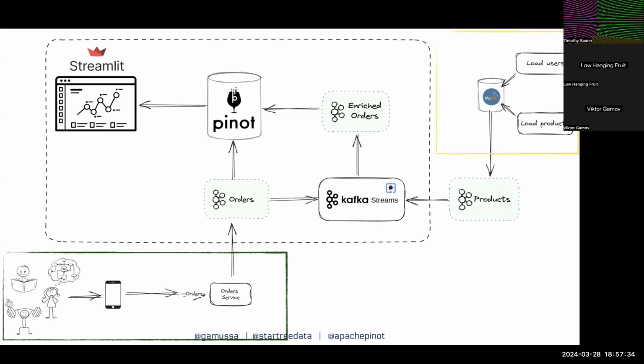This will integrate with MySQL as the operational database. Think about this as a modern structure, because we're going to be using change data capture, or in this particular case, I have a service that emulates this load from the database. The transform is going to happen on the Kafka Streams side of things.